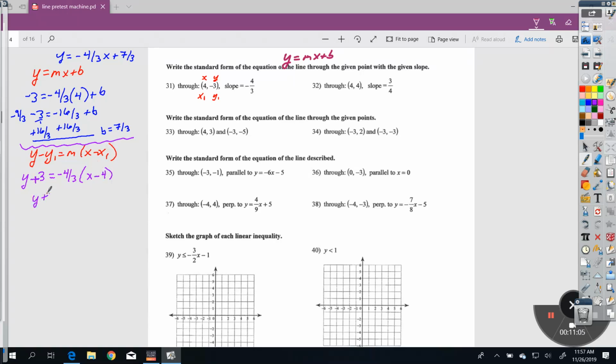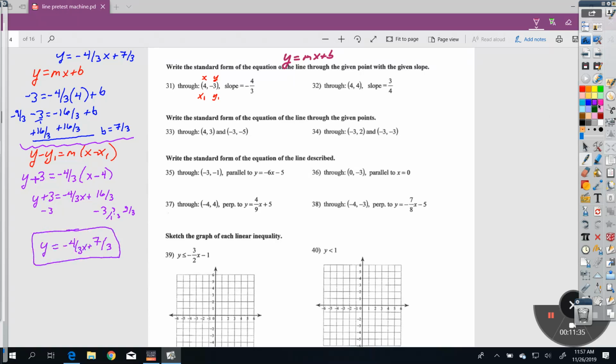So I have y plus 3 equals negative 4/3 x minus 16/3. Whoops, that should be a positive, negative times a negative. So 3 wholes is the same as multiplying top and bottom by 3, 9/3, so 16 minus 9 is 7/3. So y equals negative 4/3 x plus 7/3.